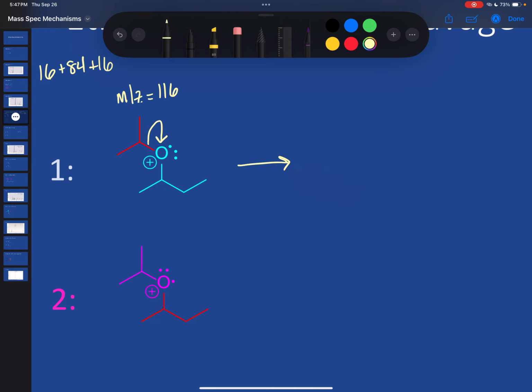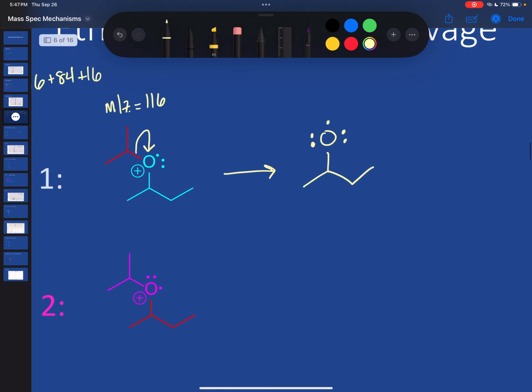And the first set of fragments that we are going to form is the oxygen that has the carbons where we didn't break anything. That oxygen had a lone pair. It just gained another lone pair from the electrons from the bond, and then it still has a radical. Now this oxygen is going to be neutral now. If you would like to prove it to yourself, calculate the formal charge. You'll see it's 0.